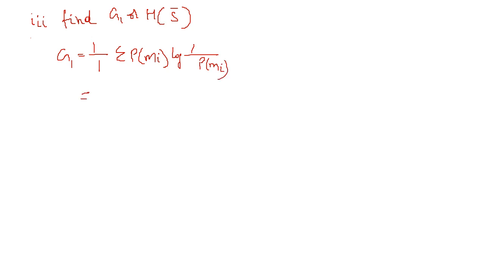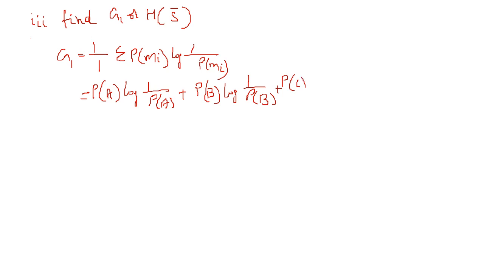What are the symbols emitted from your state diagram: P of A, P of B, P of C. So we can write this formula directly as P of A into log 1 by P of A plus P of B into log 1 by P of B plus P of C into log 1 by P of C. We need not draw the code diagram because we have the symbols already generated in the state diagram.